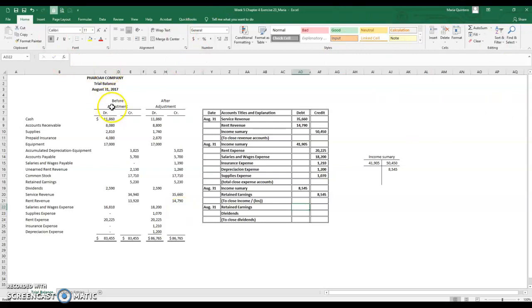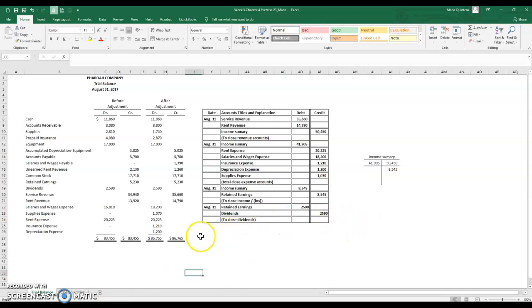To close it out, we will credit the dividends for this amount, and we will debit the retained earnings for the same amount. Now we already have our closing entry.